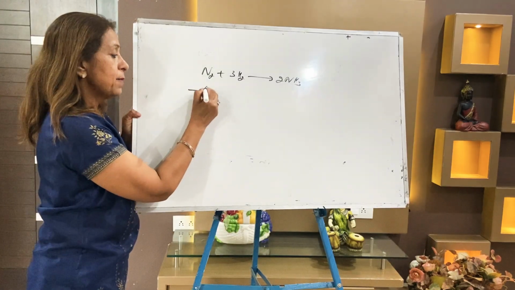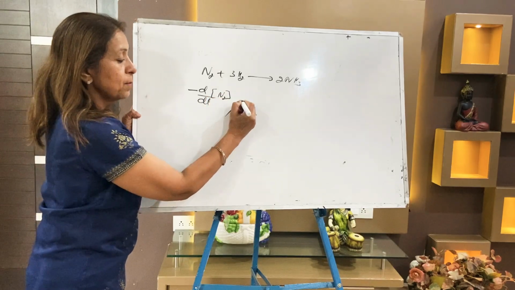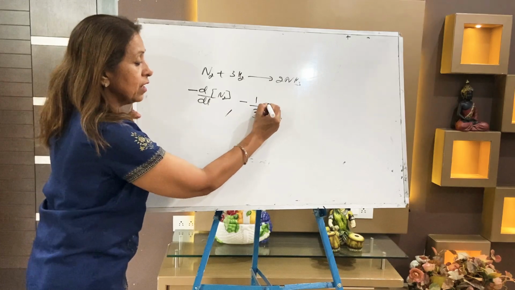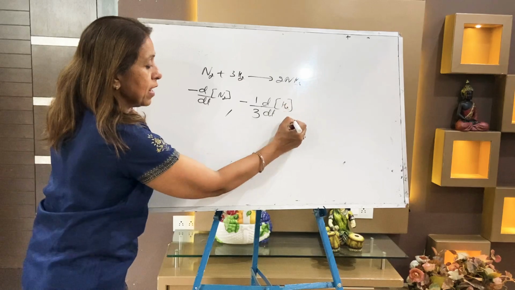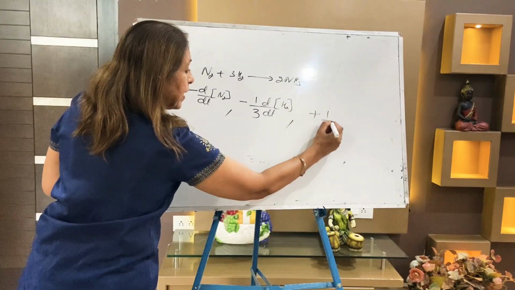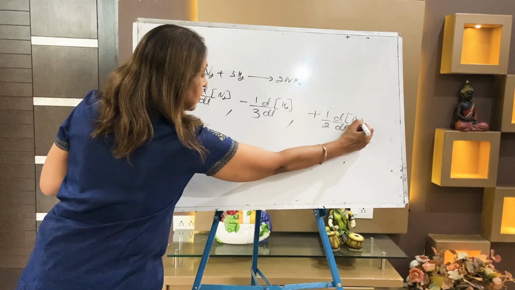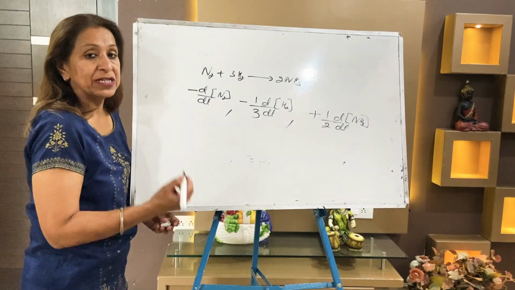Minus d by dt of nitrogen, comma, minus 1 by 3 d by dt of hydrogen, because 3 is the coefficient, comma, plus 1 by 2 d by dt of ammonia on the product side. In this way you can write your rate expressions.